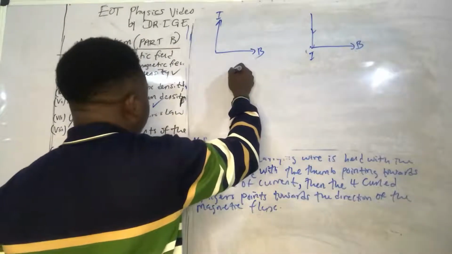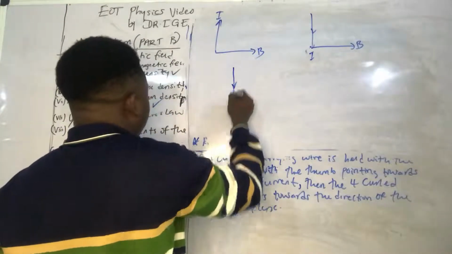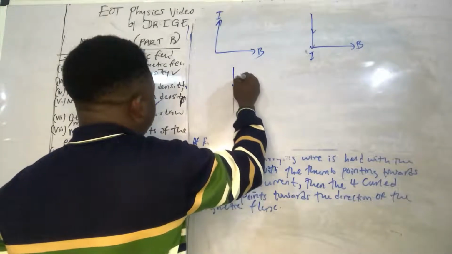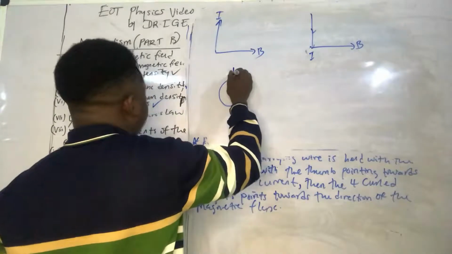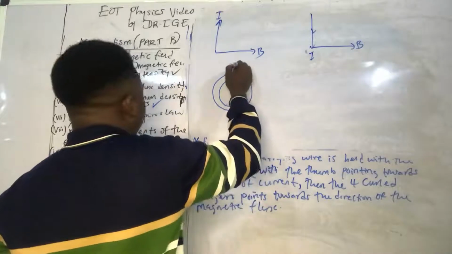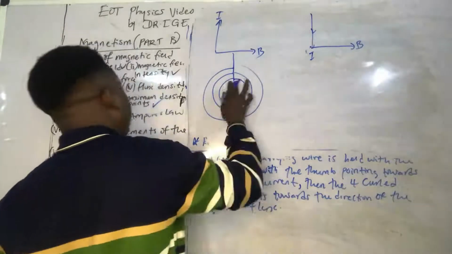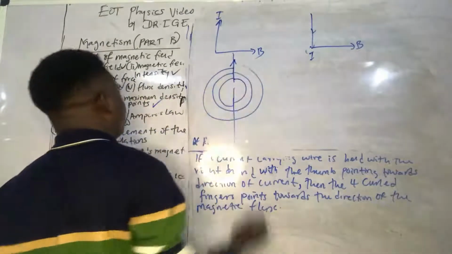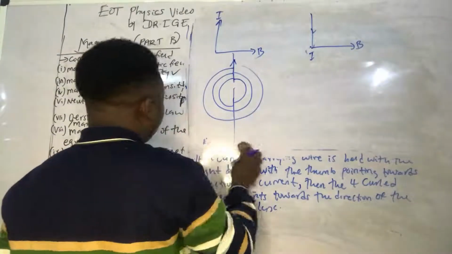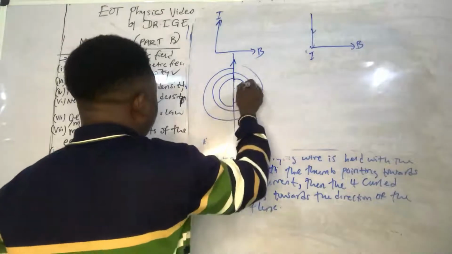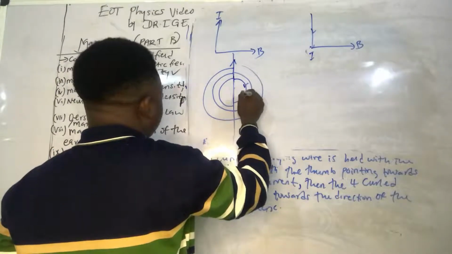For instance, on this side I will give you an example. You see something like this, showing a wire, and then see current pointing towards. So we ask you, what direction should the magnetic flux be pointing towards?